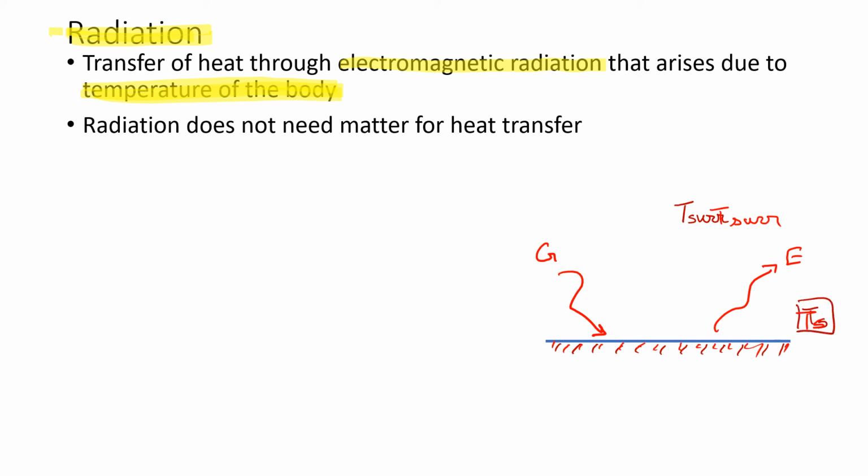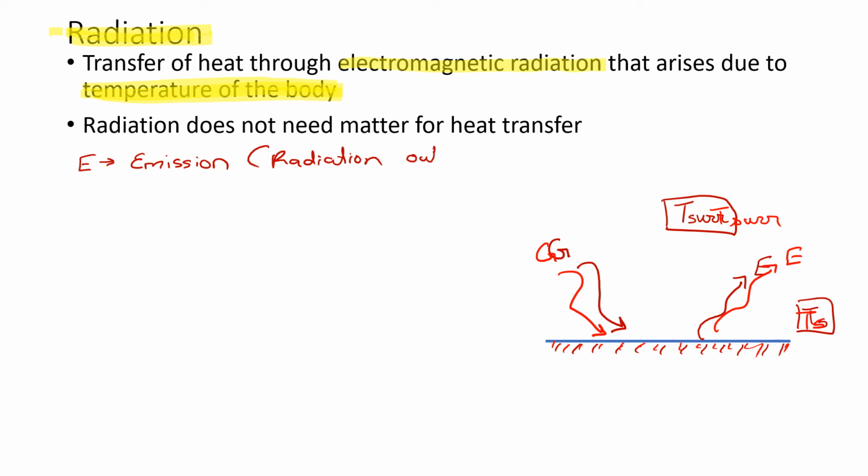Due to the temperature Ts, the plate or the arbitrary surface that we have will emit a radiation E, and because of the surrounding temperature, the plate will receive an irradiation of G. So E here is the emission or radiation out, and G here is irradiation or radiation in.